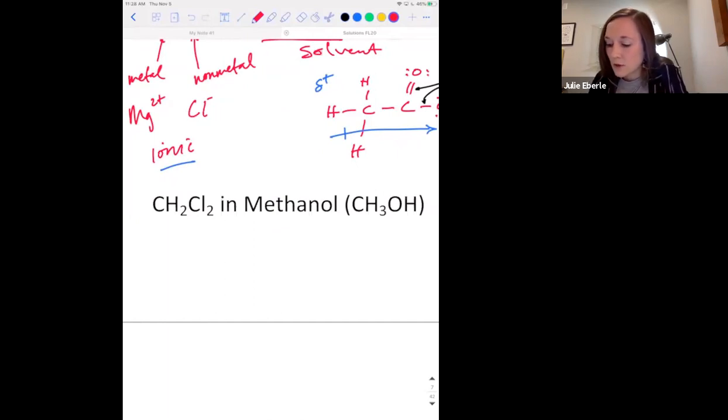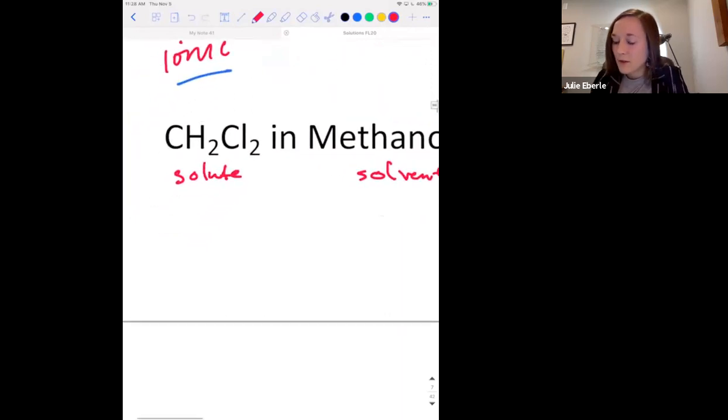So this is our solute, and what it's going to be dissolved in is methanol, our solvent. So first off, CH2Cl2, polar or nonpolar? Jenna says polar. Y'all think it's all polar? Okay.